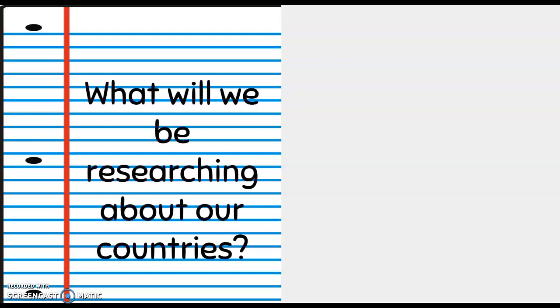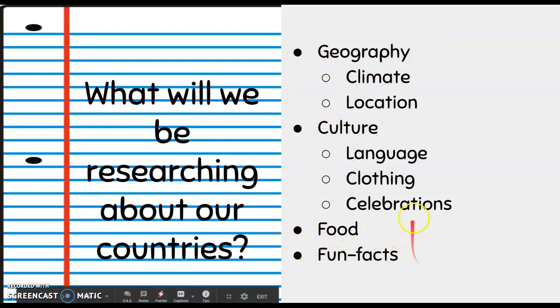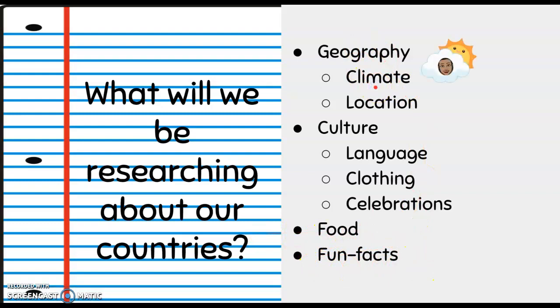Now you might be asking, what are we going to be finding out about these countries, right? There's so many different things that we can find out about. Do I just go and read everything that there is to read about China? No, that's too much information, right? When we research, we're going to be researching about 4 things: geography, culture, food, and fun facts. Let's talk about geography.